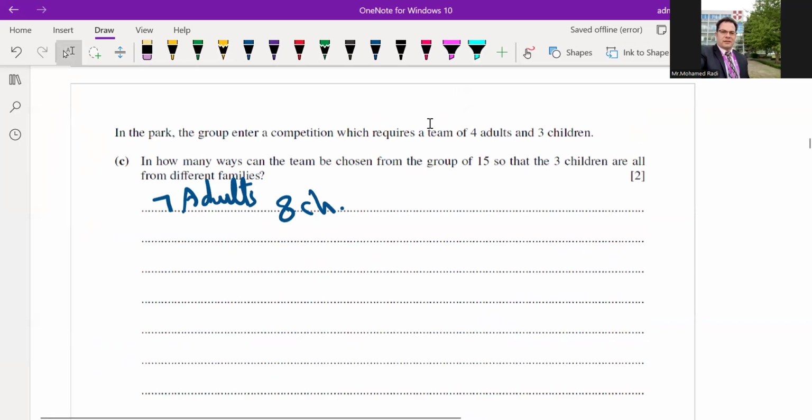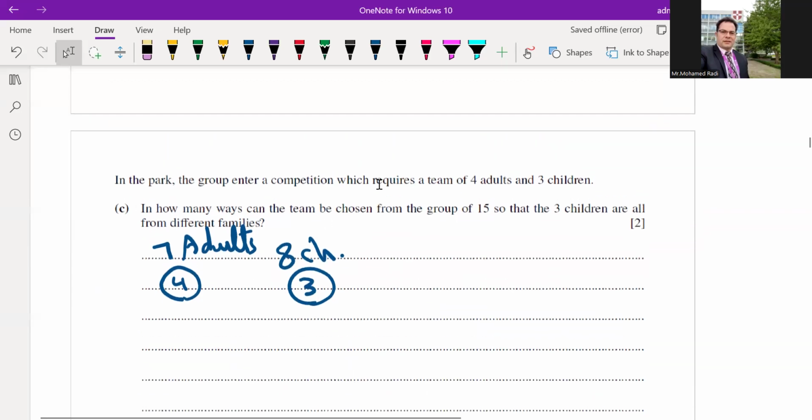We'll select 4 from the adults and 3 from the children. If there is no restriction, we'll write 7C4 times 8C3. In how many ways can the team be chosen from the group of 15 so that the 3 children are all from different families? 4 different families.